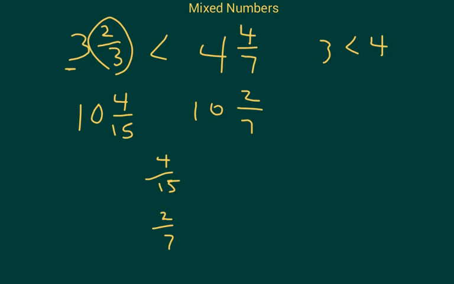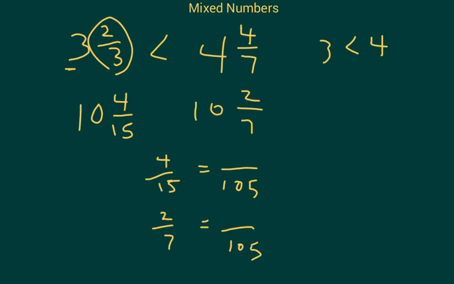Then we come to 105, which would actually be the first multiple of 15 that 7 can be divided into. So we would have to convert 15ths to 105ths and 7ths to 105ths.